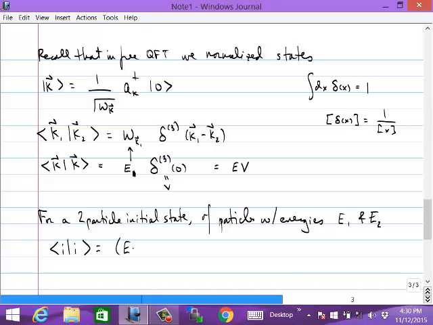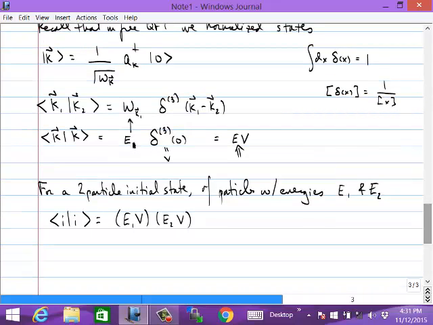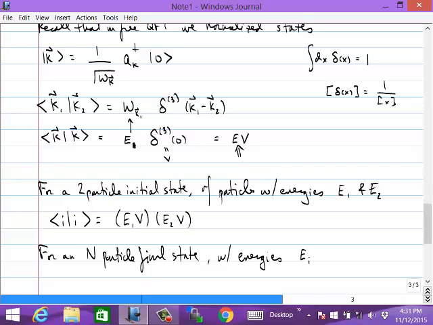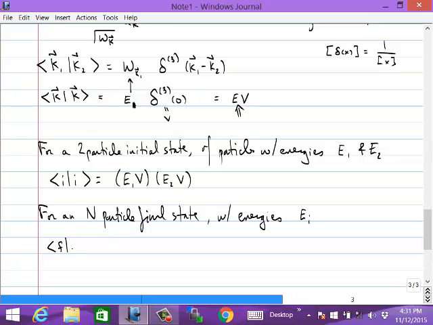Well, you get two factors of this normalization factor, so you get an E1 times V and an E2 times V. And similarly, for an n-particle final state of particles with energies EI, the norm of the final state is the product over all I of V times EI.